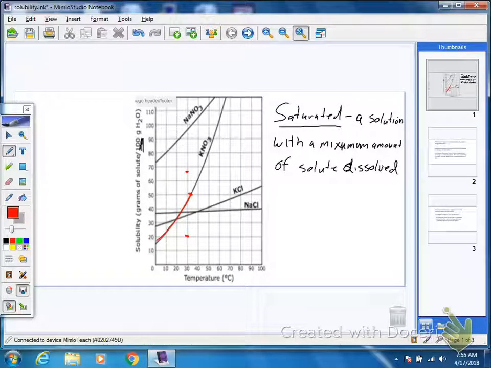And sometimes you can get that depending upon what you can do to manipulate the solution. Okay? So undersaturated, or we call unsaturated, is where the solution is below the maximum amount.